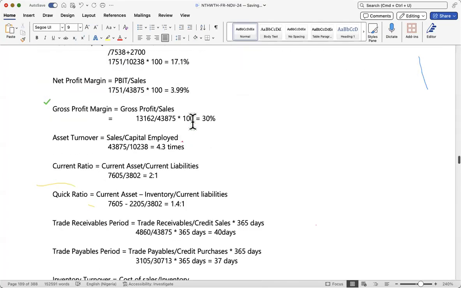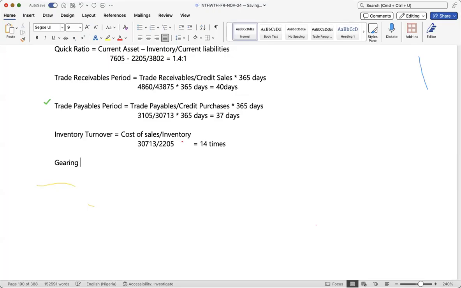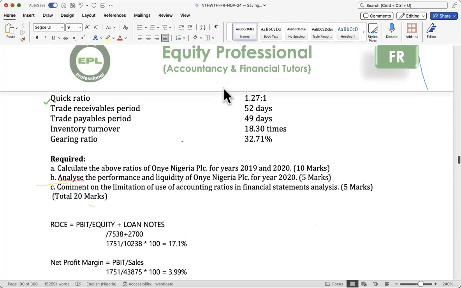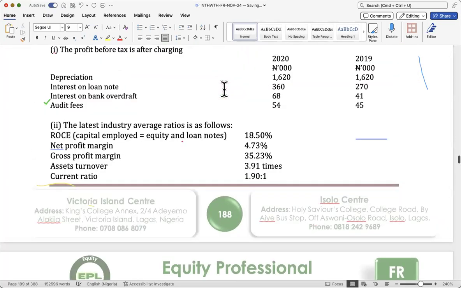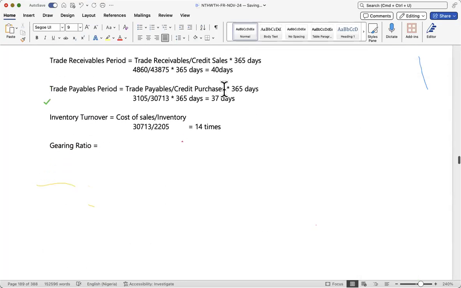Then finally we have gearing ratio. Usually the examiner will give you a clue on the gearing ratio, but surprisingly here they did not. So if they don't, I will just use interest bearing debt over interest bearing debt plus equity, times 100.